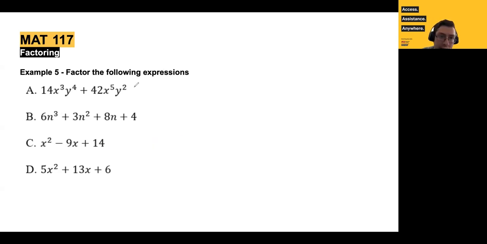So for the first one, we're essentially just finding what's common to both of these terms in this expression. So 14 and 42, the greatest common factor between those will just be the 14, because 42 is 14 times 3.